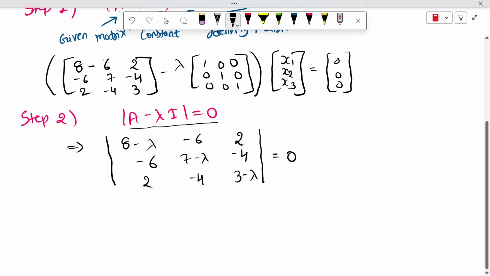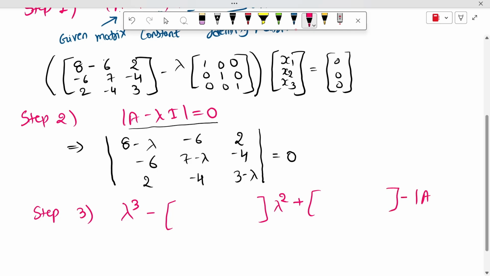Now step 3. Step 3 is the very important thing you should remember. We will get the equation lambda cube minus lambda square plus lambda minus determinant of A is equal to 0.